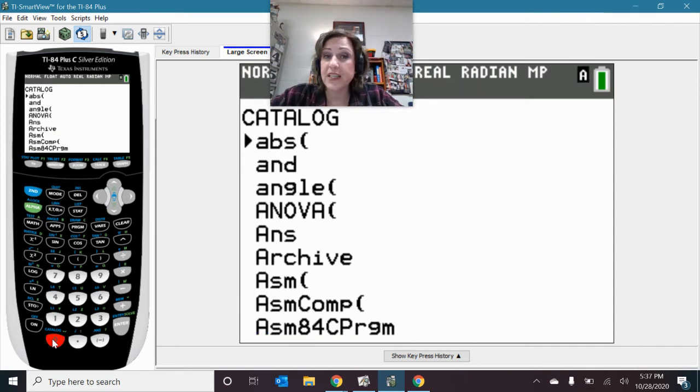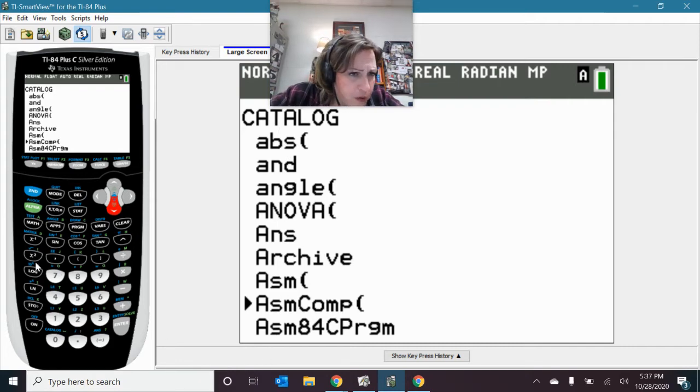Second 0 gives us that alphabetical list of everything. And I need to go to the D portion of the alphabet, letter D, for diagnostics. Well, if you sit there and scroll down, it is going to take a long time because there are a lot of functions that the calculator does between A and D.